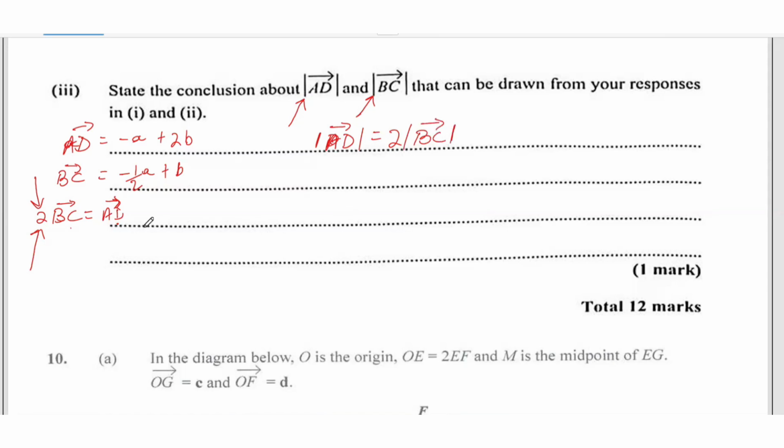If I multiply the size of BC by 2, I get what AD is. Or I could have written it this way, because you could flip it. If I take a half of the magnitude of AD, then I'll end up with the magnitude of BC. So either way you write it, you're good.